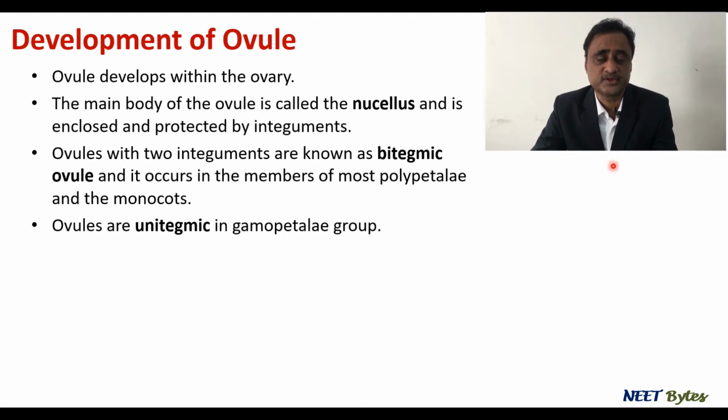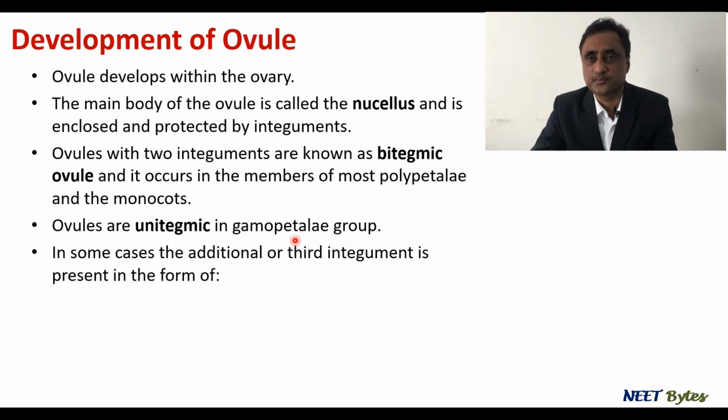Two integuments occur in most of the polypetalae and the monocots, but the unitegmic condition occurs in the gamopetalae group. So that is important information from a competitive exam aspect, right?